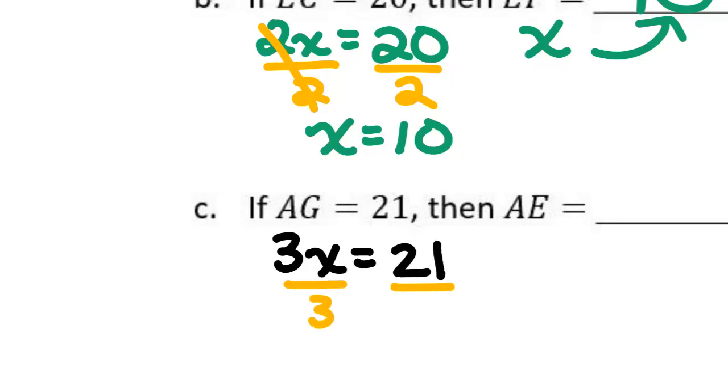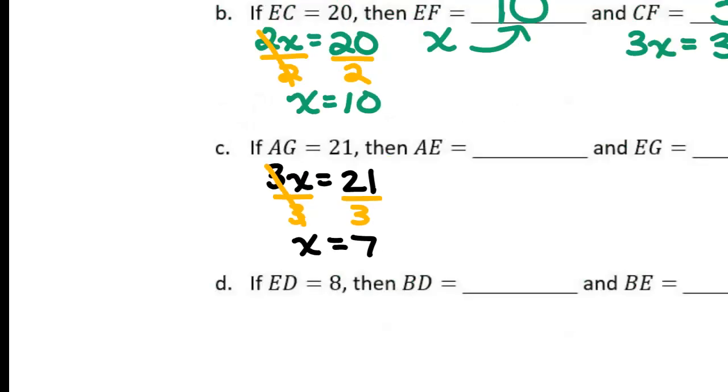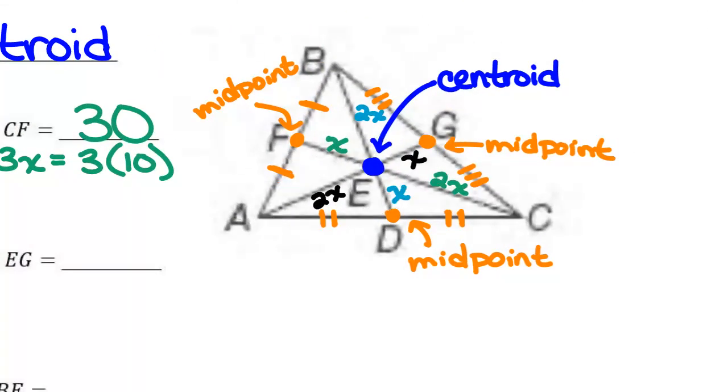If I divide both sides by 3, that means x is how big? X is 7. It doesn't always go in the 2x place. You got to look at the segment that they've given you and determine whether it is a 1x, a 2x, or a 3x. If it's the whole median from corner to midpoint, then it's a 3x.